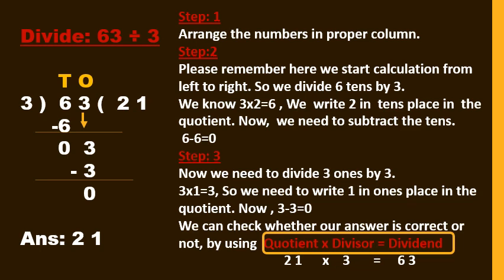So 21 into 3 gives us 63 and that is the dividend here. So girls, our answer is correct. So girls, you can see that if you memorize this equation, you can easily find out whether your sum is correct or not. Okay, so we need to remember this equation. Quotient into divisor equal to dividend. All right.